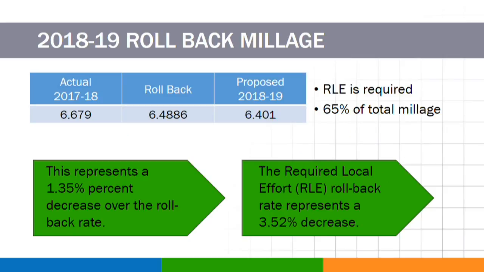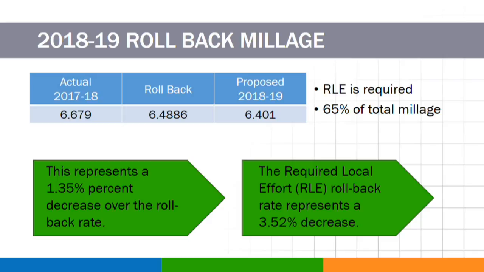However, our proposed millage rate is 6.401, so that is a decrease of 1.35% over the rollback rate. So we are generating less than we were before. The required local effort, just so you know, is a 3.52% decrease. So that's the largest part of that.